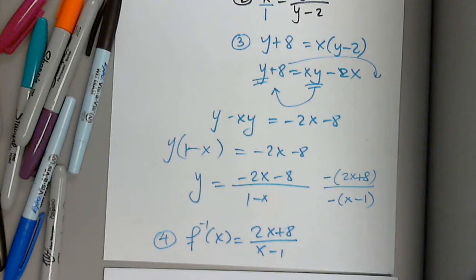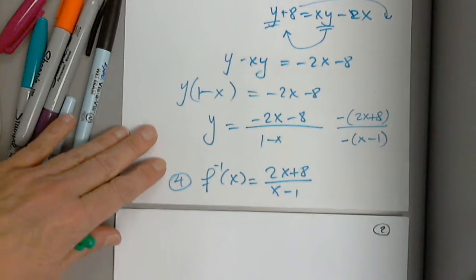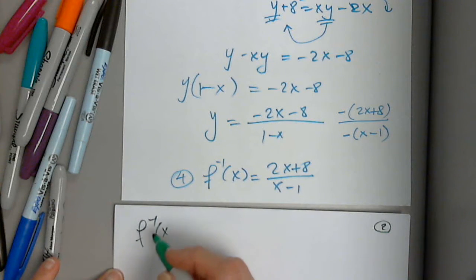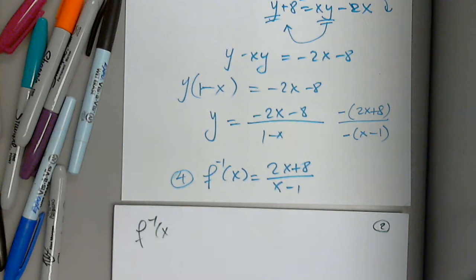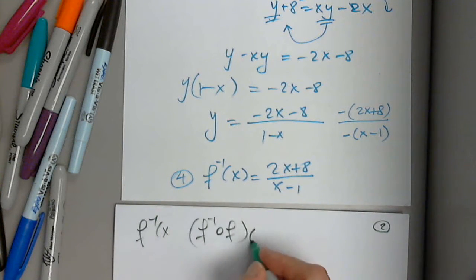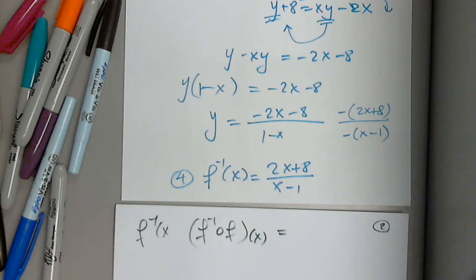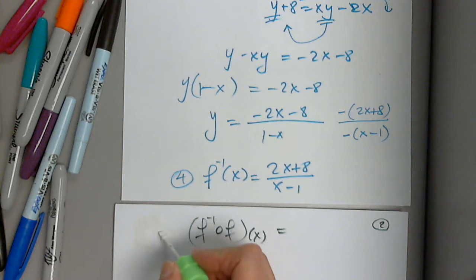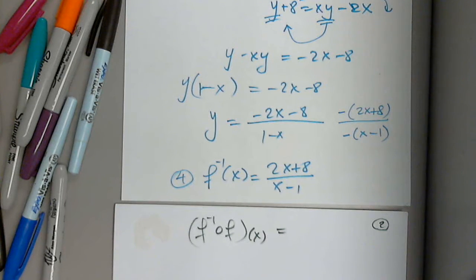Better? Everyone? Okay? Okay, so we want to show that f inverse composed with f of x is... what do we want to show? That this equals... anyone other than Deborah and Paige?